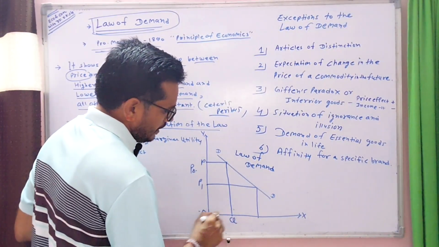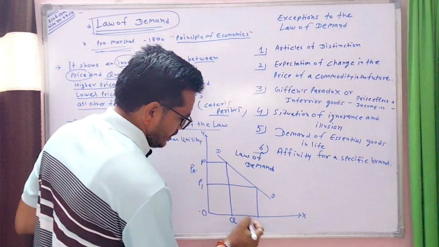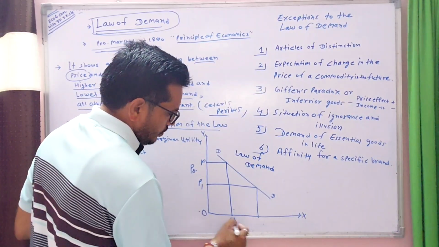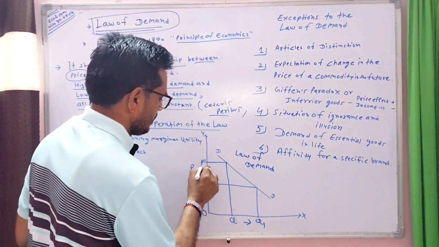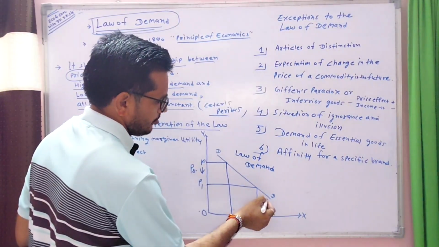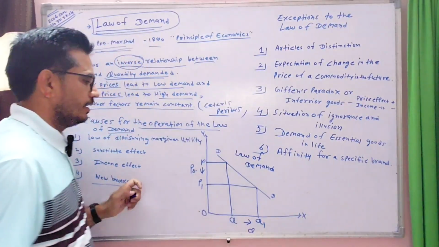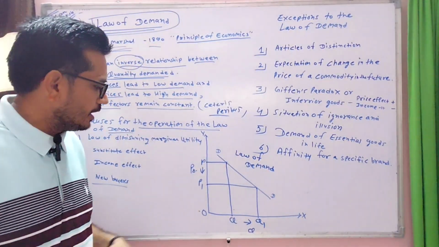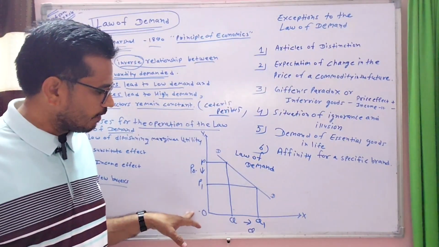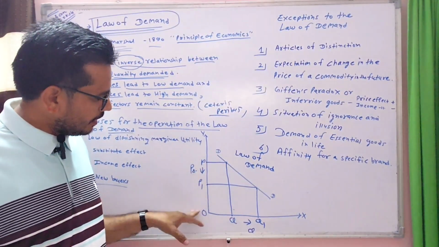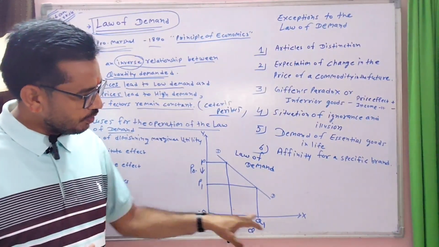Your quantity demanded will increase. It will be OQ1. So as an example, if your price is OP, then quantity demanded is OQ; price decreases to OP1, quantity demanded will be OQ1.